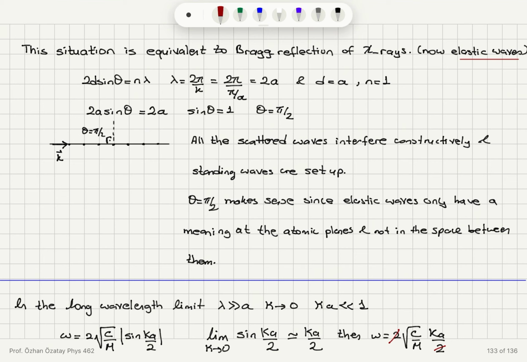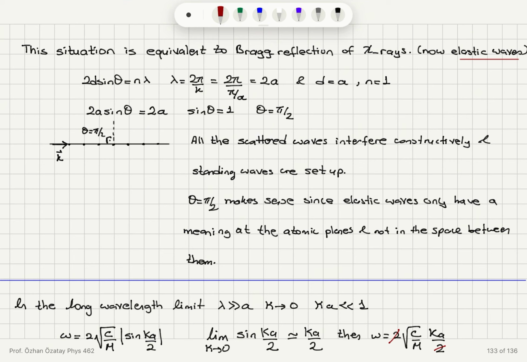All the scattered waves will interfere constructively and standing waves will be set up. So in the propagation of elastic waves, we have a special situation when k is equal to pi over a or minus pi over a. It's the first Brillouin zone boundary. We have constructive interference and standing waves will be set up.